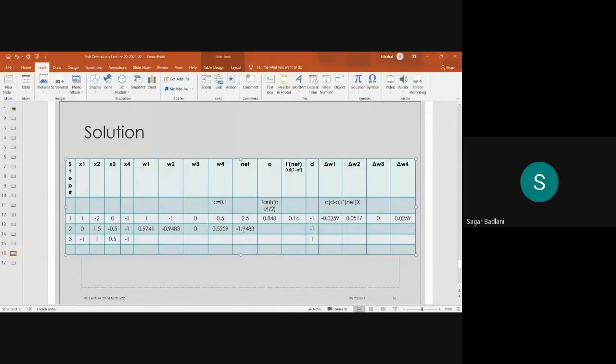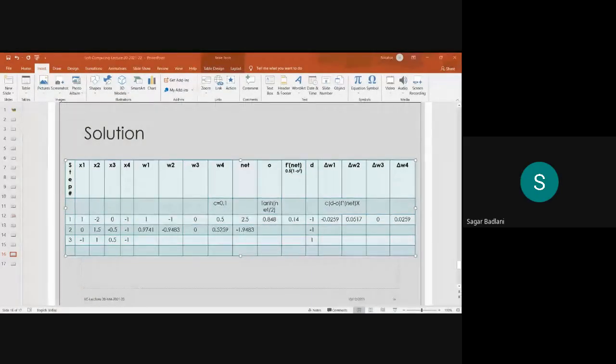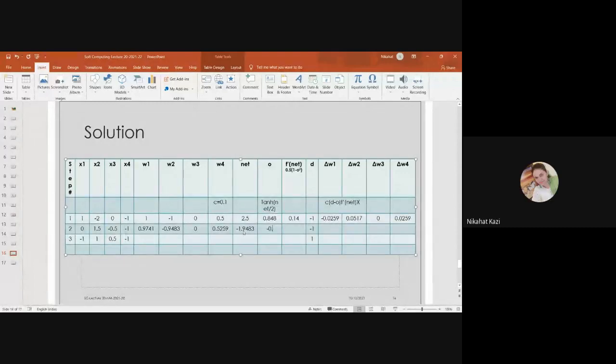Minus 0.75, no? Yes. So f dash net is 0.21875.